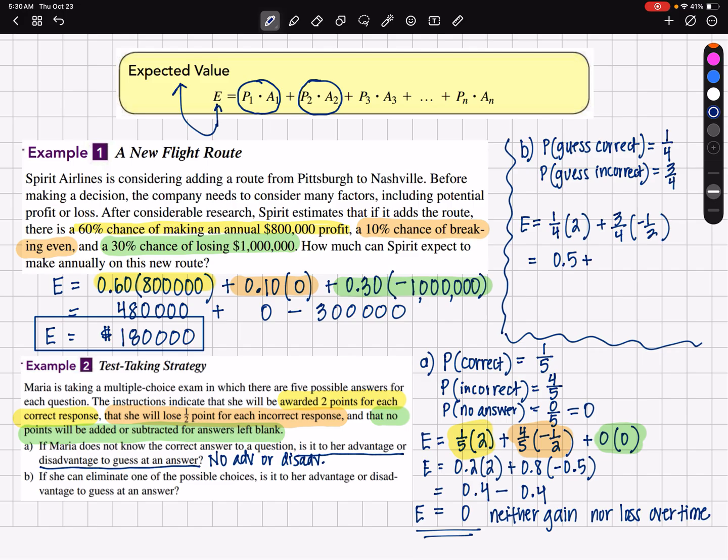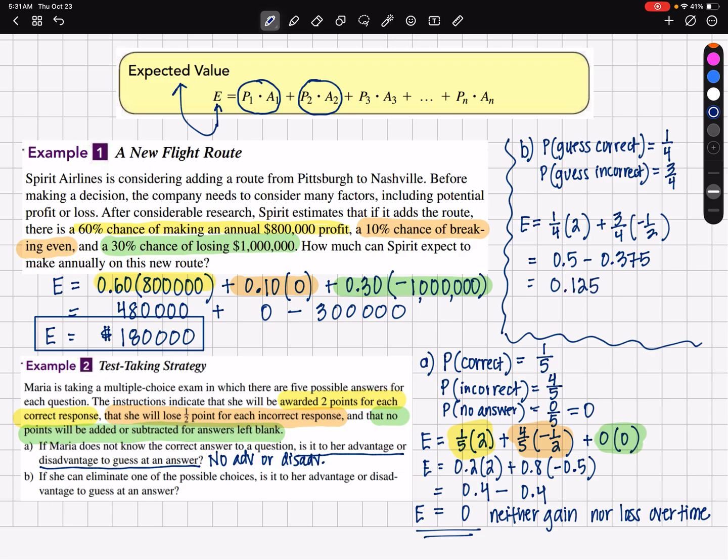And here we will get a negative 3/8. So 3 divided by 8 is going to be 0.375. 0.5 minus 0.375 is going to equal 0.125.